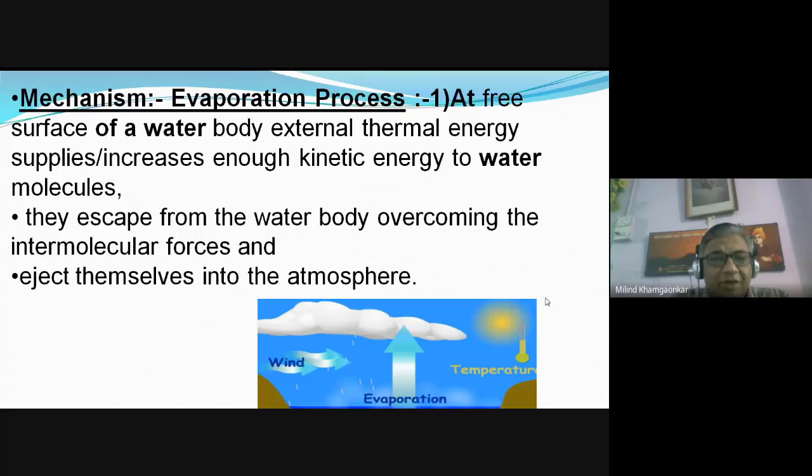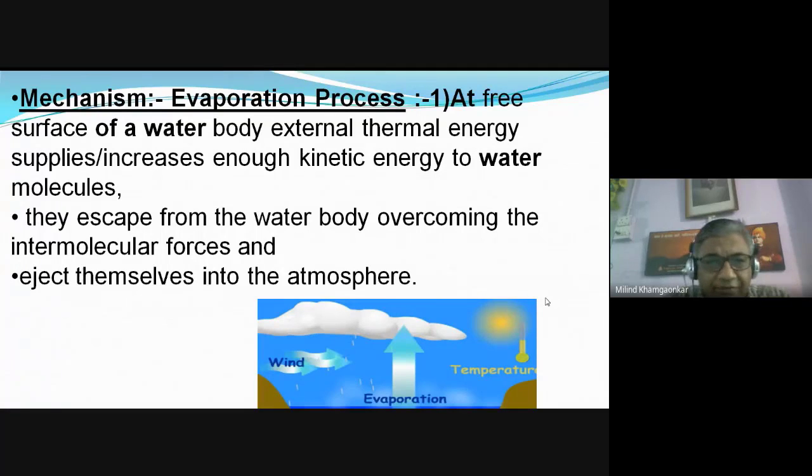get external heat energy, thermal energy, from the atmosphere, or sometimes they get thermal energy from the water body itself. Due to this thermal energy, the molecules at the water surface gain kinetic energy.